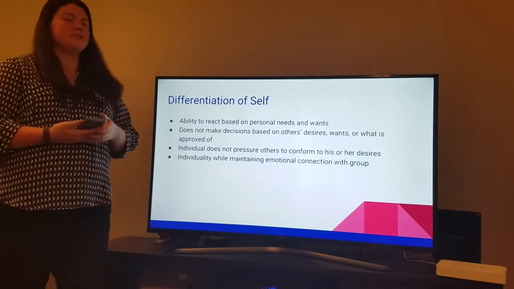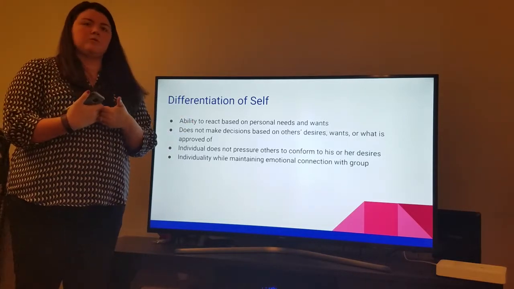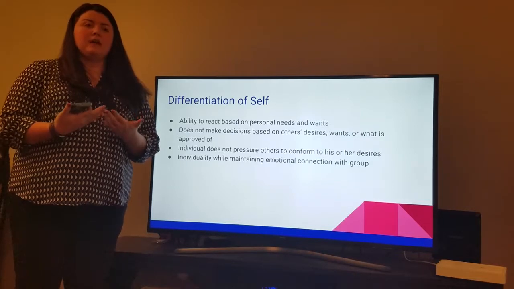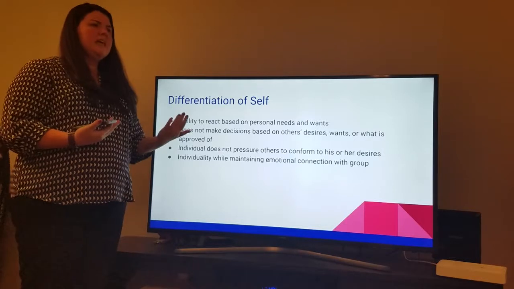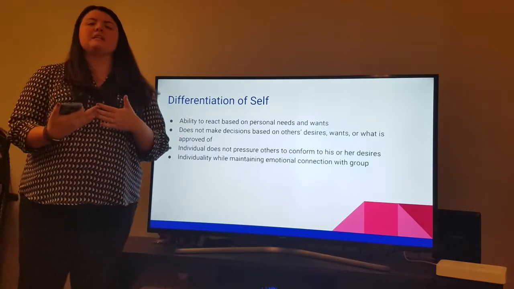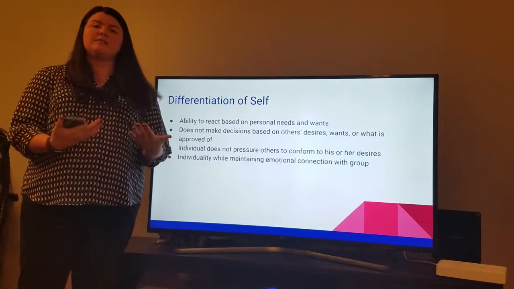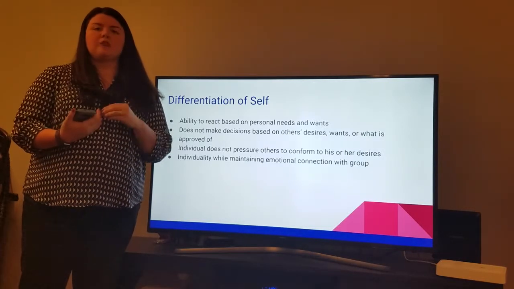So the first one is differentiation of self. This is how, as individuals, we get our needs met, and how we respond to times of anxiety and stress. Are we responding based on what our mother may think, or what our father may think, or what our sibling may think, versus what do we need? What are we trying to do?